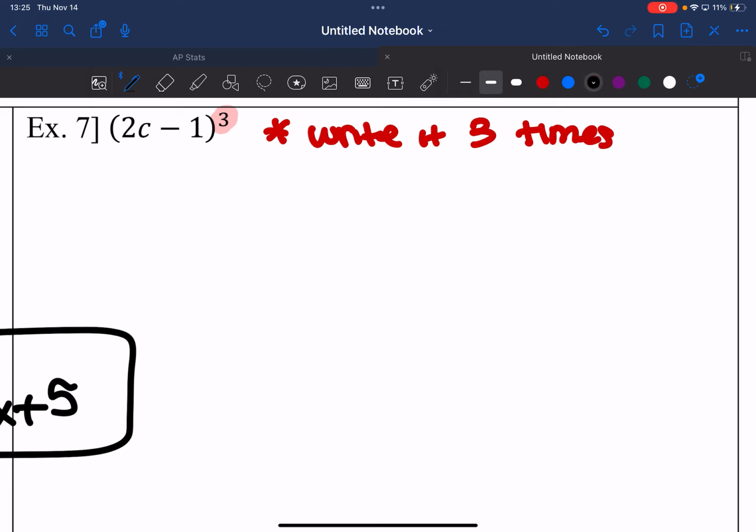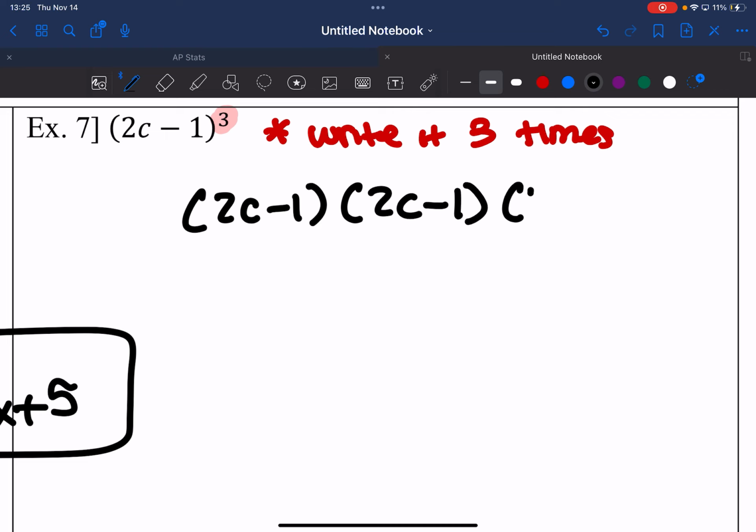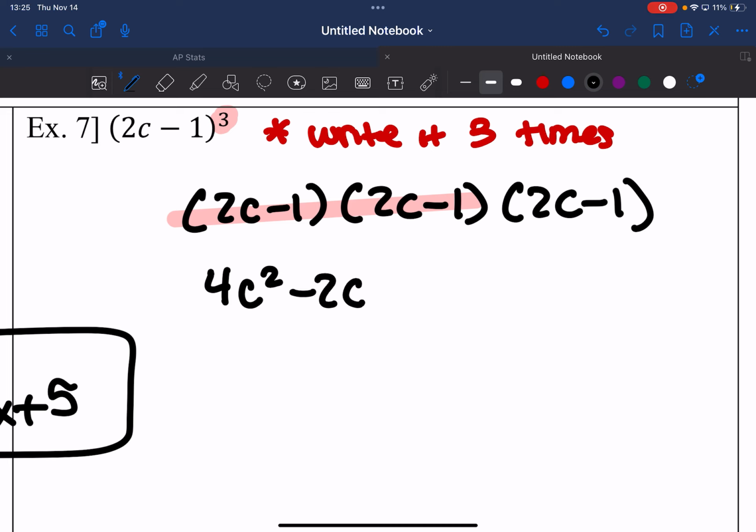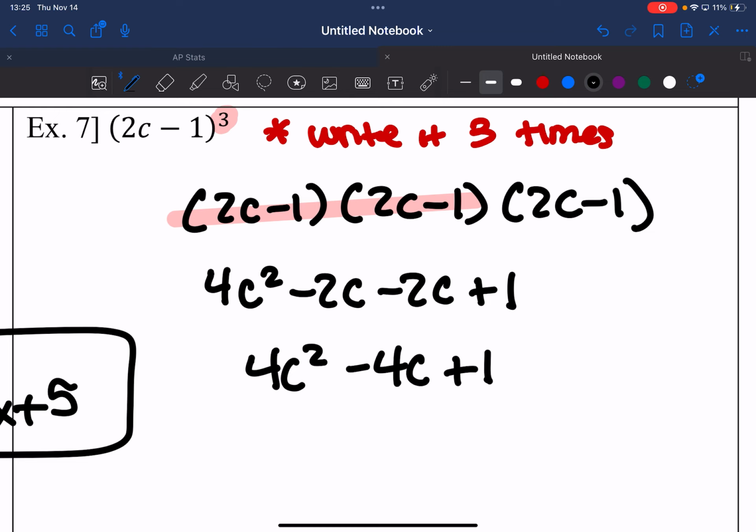We're going to take 2c minus 1 and write it 3 times: 2c minus 1 times 2c minus 1 times 2c minus 1. I'm going to FOIL the first 2. So I have 4c squared minus 2c plus 1, which is 4c squared minus 4c plus 1.